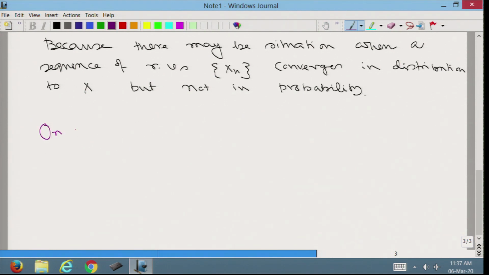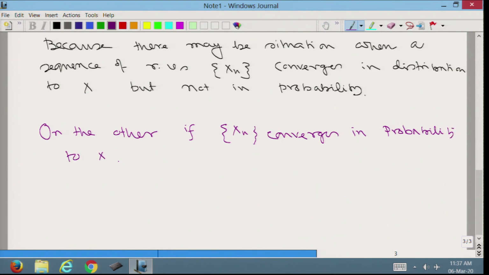On the other hand, if x n converges in probability to x, then x n also converges in distribution to x.